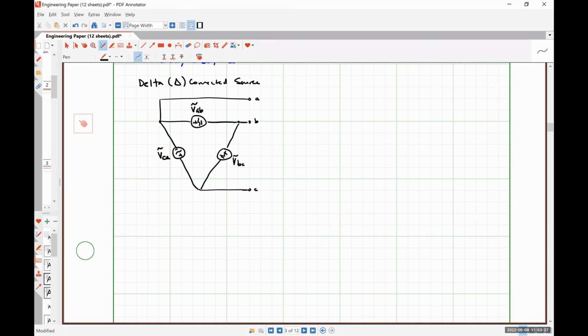All right, so this is the representation of a delta connected source that I don't care for. And again, it's largely because it's a pain in the ass to draw this. It's called a delta connected source because they're connected in a triangle or delta shape.